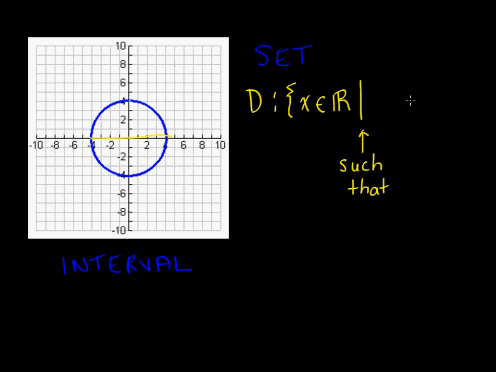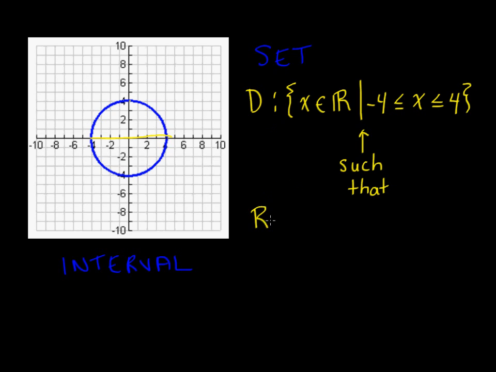So I'm going to say x is greater than or equal to, because it could also be equal to -4, -4. And at the same time, x has to be less than or equal to +4. You really have to know your greater than or less than symbols here to do domain and range. And then we're going to close that curly bracket.